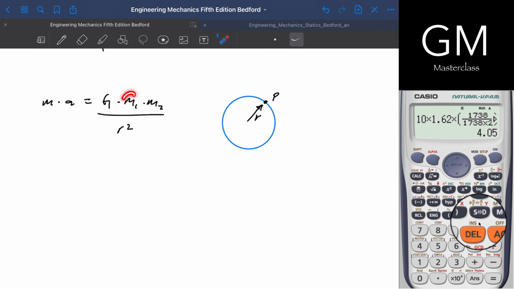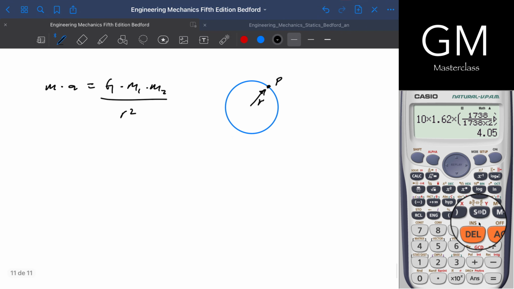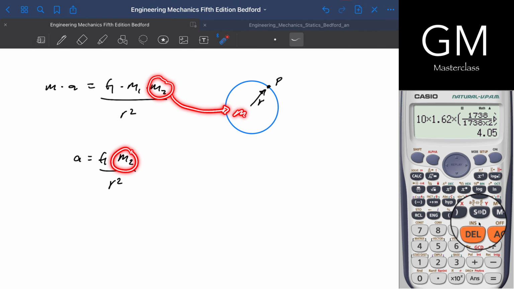So I could send this m to divide the other part of the equation, and I could cancel these two values from both sides of the equation. So I'll have a equal to G multiplied by m2 divided by r to the second power, in which this m2 is the same thing as the mass of the planet or the moon or whatever.